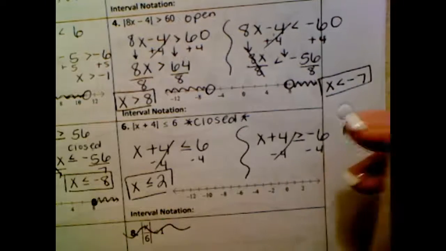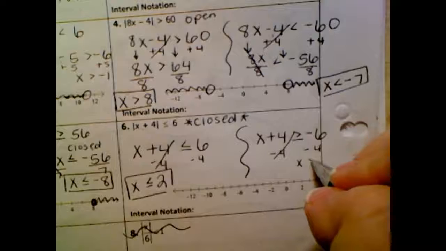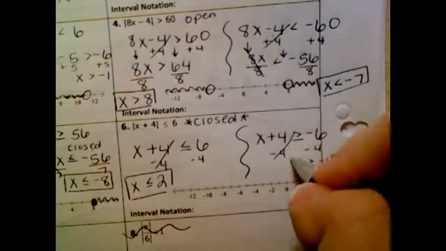This is a closed circle. Just like what I've been doing, whatever I do on one, I have to do for the other. So I'm minusing 4. 6 minus 4 gives me 2. Negative 6 minus 4 gives me negative 10.